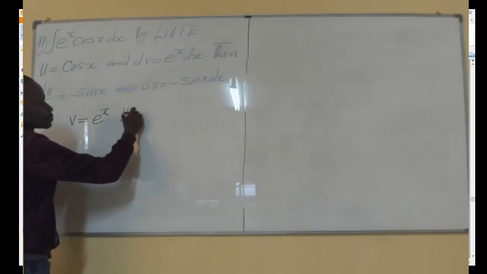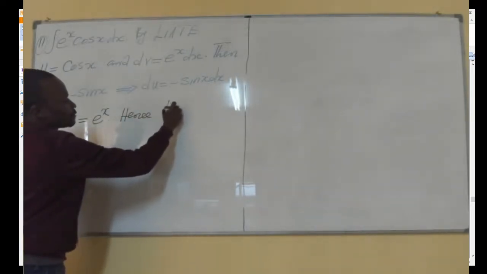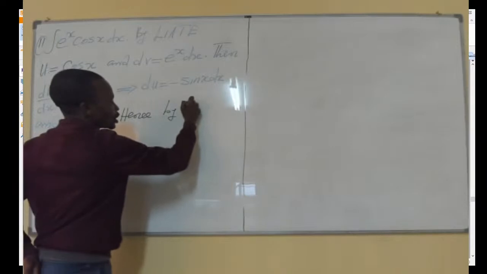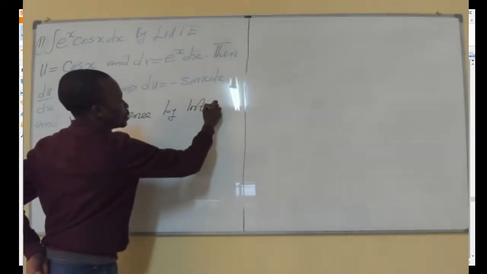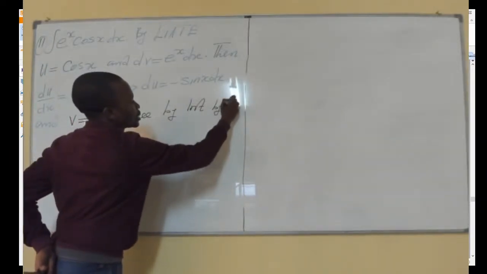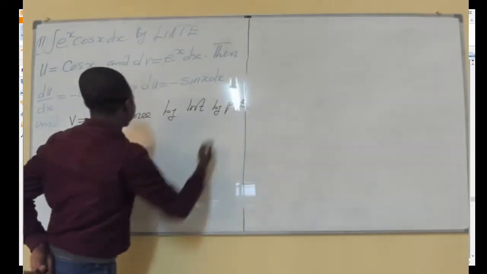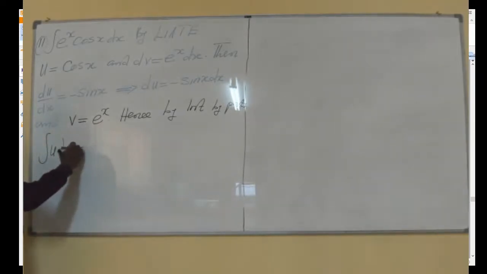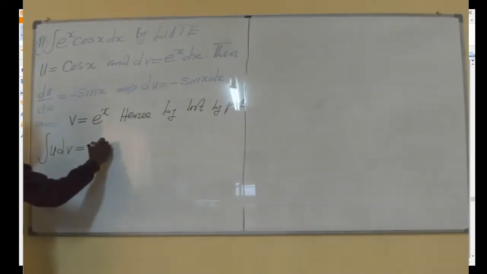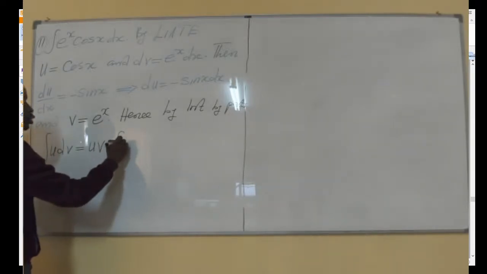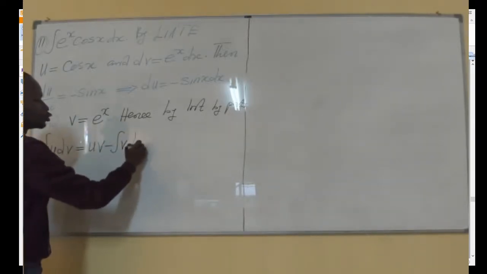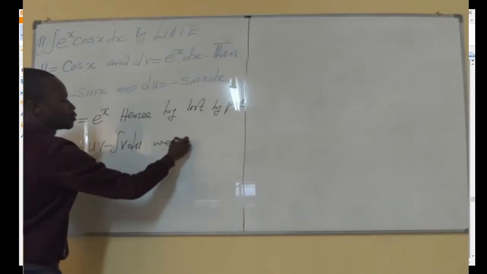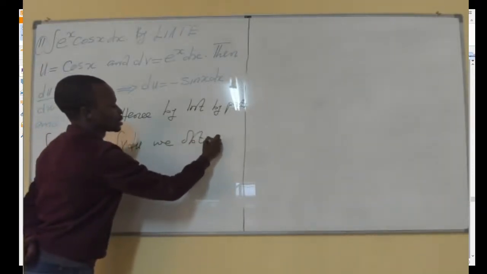Hence, by the formula for integration by parts, which is the integral of u dv equals uv minus the integral of v du, we are going to obtain that.